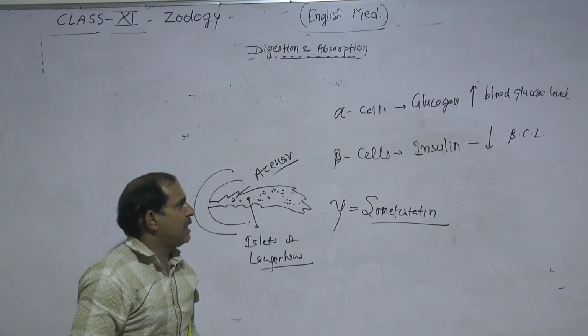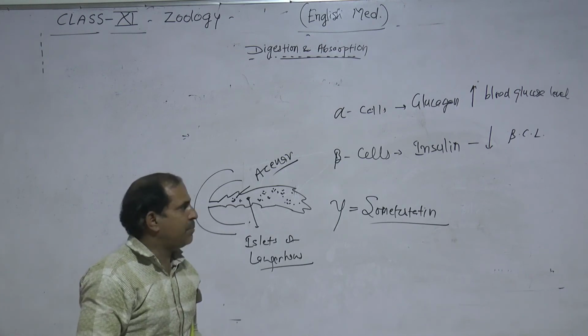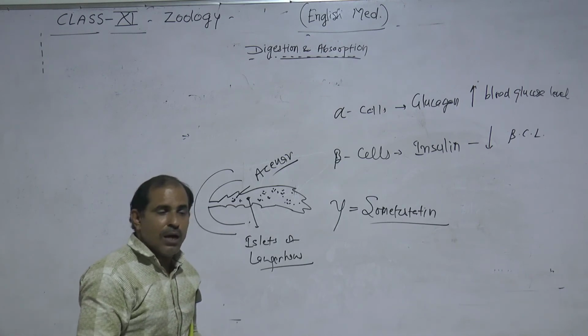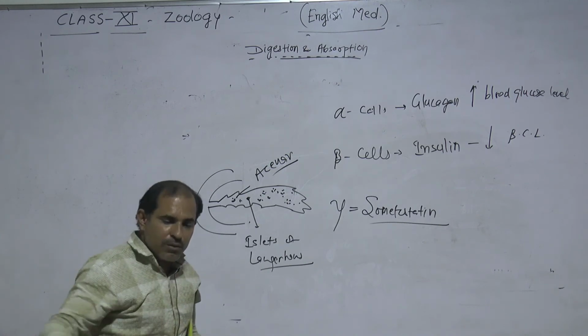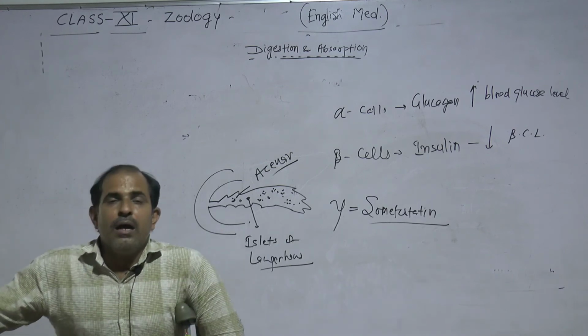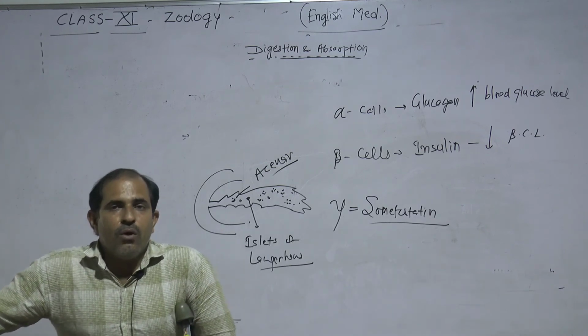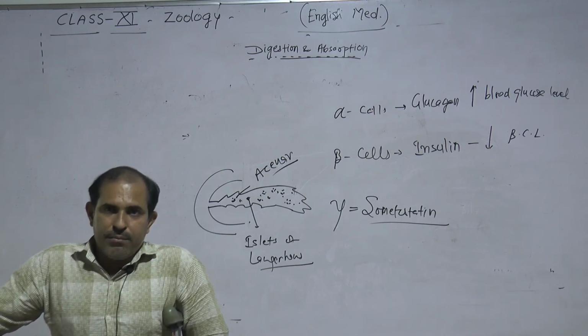The second cells are beta cells, which secrete insulin hormone, which decreases the blood glucose level. It means both glucagon and insulin maintain the blood glucose level.